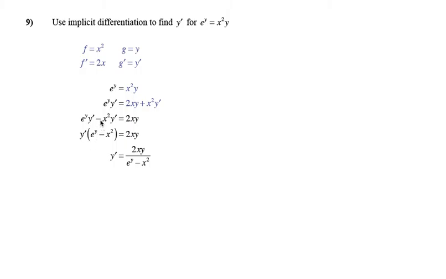When we factor it out of the negative x squared y prime term, that leaves just negative x squared. And then we divide both sides by this e to the y minus x squared to isolate the y prime. And so now the y prime, which is what we are seeking, is 2xy over e to the y minus x squared.